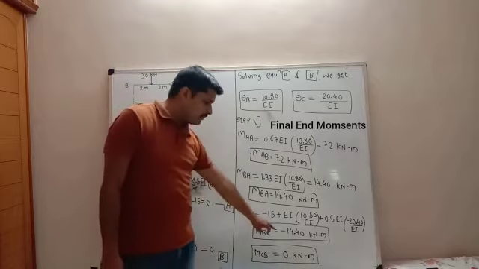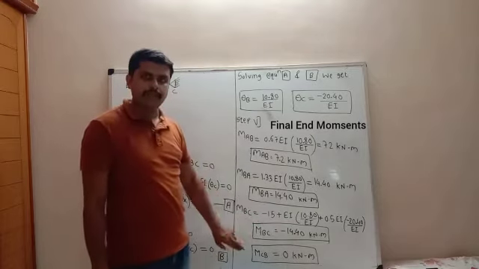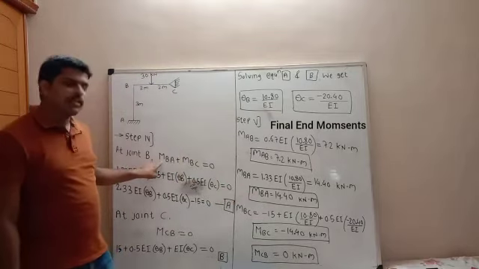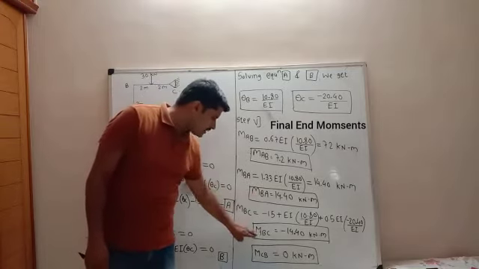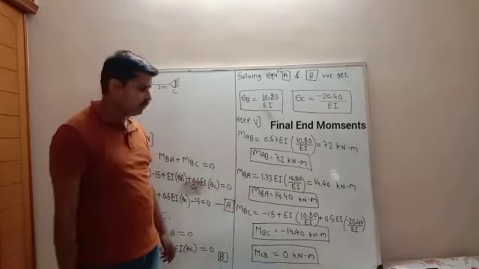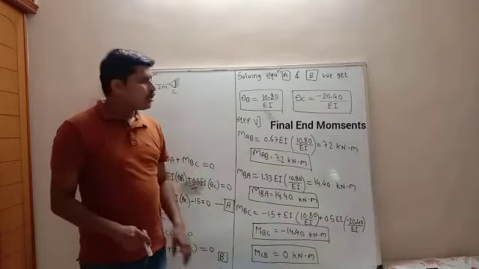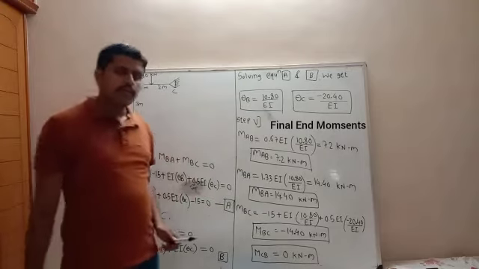From 3, MBC as minus 14.40 kilonewton meter. So equilibrium equation at joint B is satisfied, that is MBA plus MBC is 0 and final MCB as 0. So these are our final end moments.